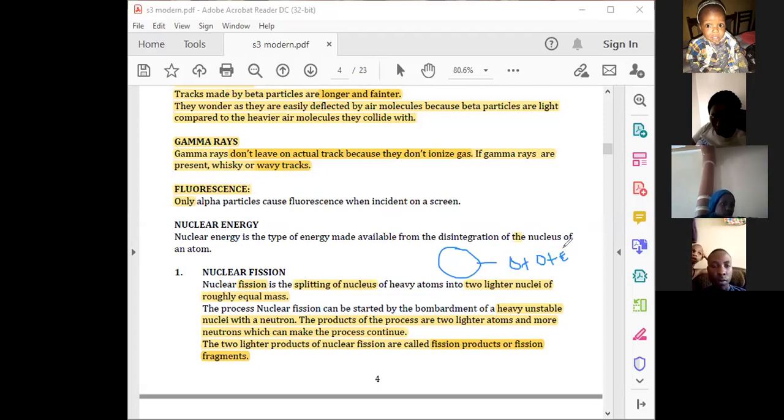According to Einstein, the correct formula is that this energy is always equal to m, the mass, times the speed of light squared.